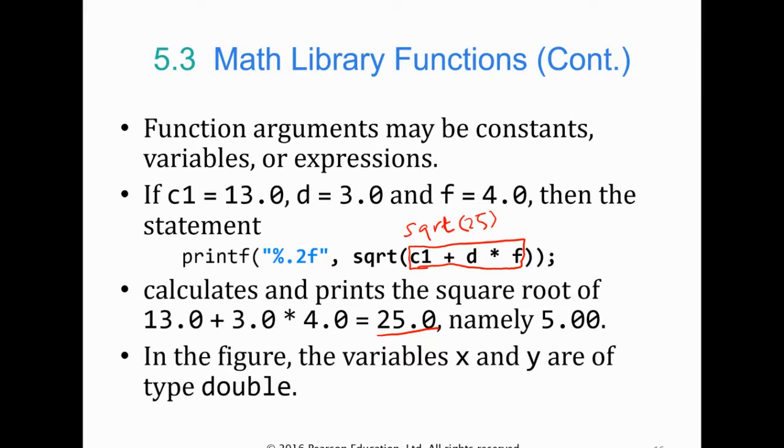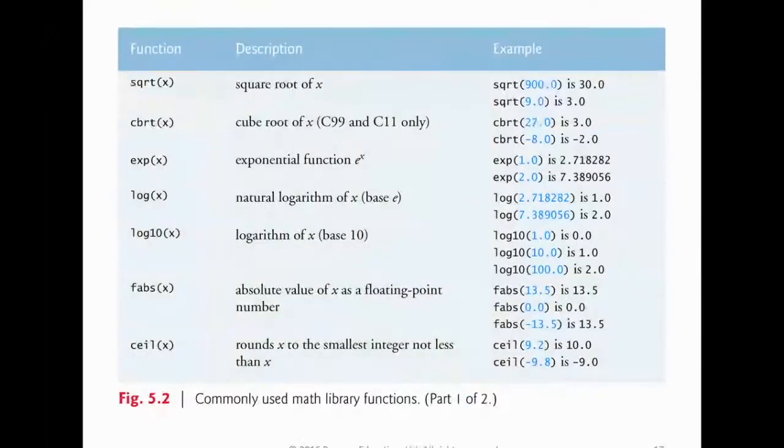Sqrt will return 5, and that 5 will be the argument of the printf function. So when you take the square root, you get 5.0, and 5.0 is the second argument of the printf function. What is the first argument of the printf function? It is this text string that you are passing it. So you are sending 2 arguments to the printf function, and it does something in response.